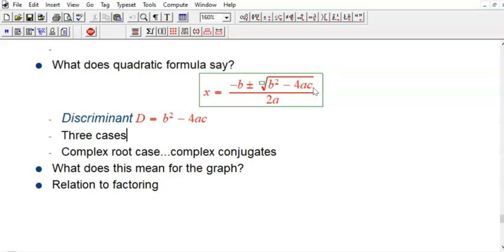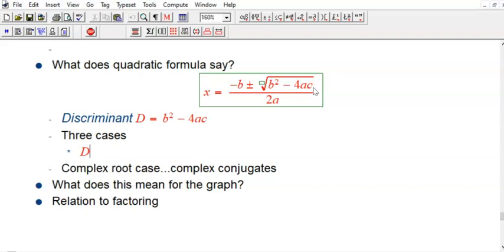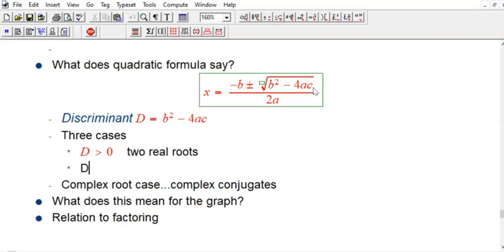So there are three cases. We've got D greater than 0. That's our nicest case. We've got two real roots. That was like our first example above. We've got D equals 0, which is certainly interesting. That's where you don't get any plus or minus. You just get the single number minus b over 2a.